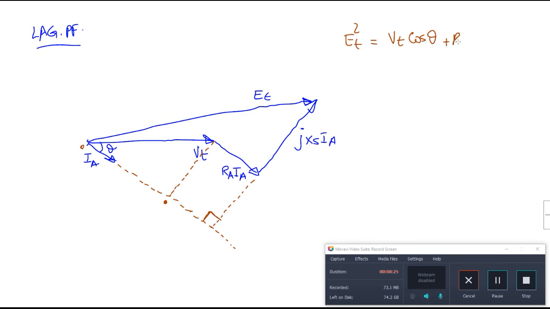So plus RAIA squared, plus the other section here. It has two portions.